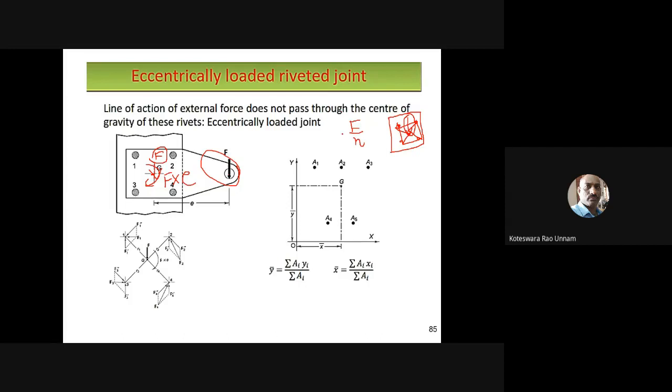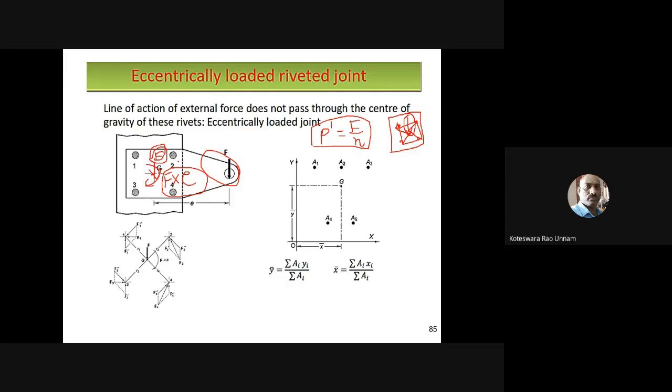Whatever this force is, I'll call it the primary force, and I'll denote it as P1. So we treat this direct force as a primary force. Why am I calling it a primary force? Because you have another effect, that is the twisting moment. This will also create some sort of force on these rivets.